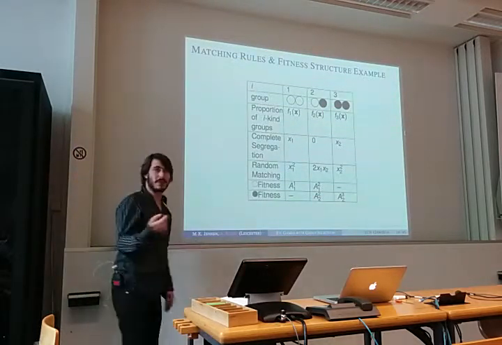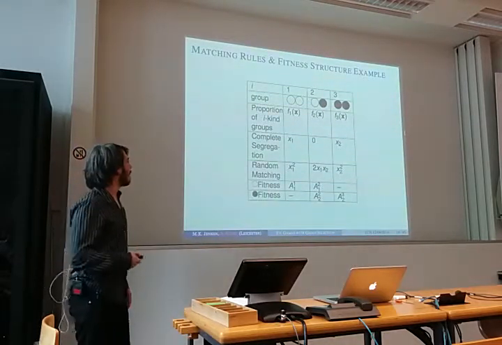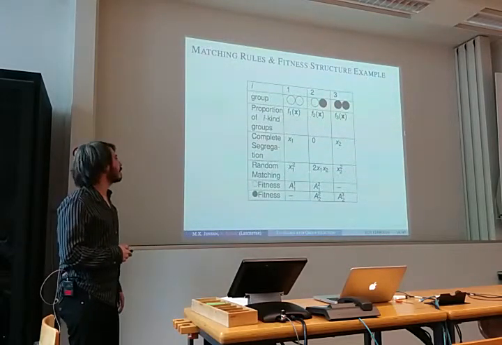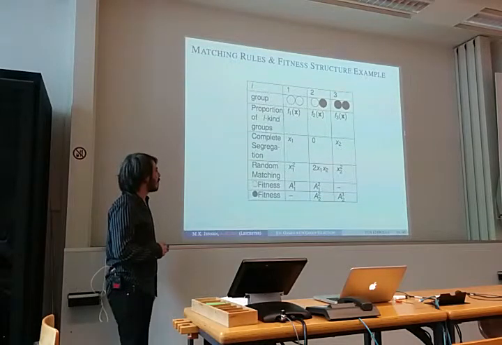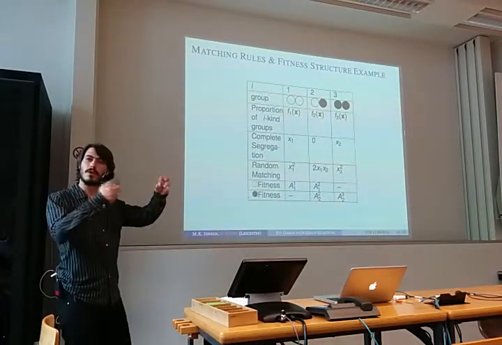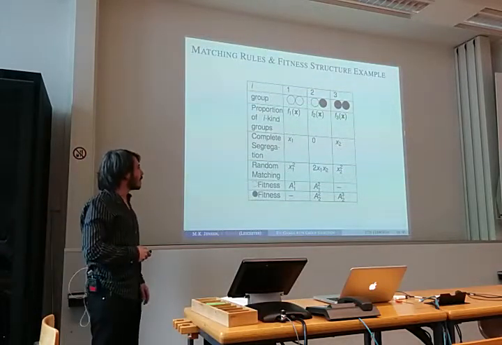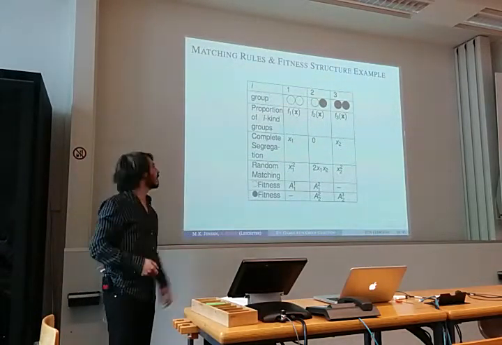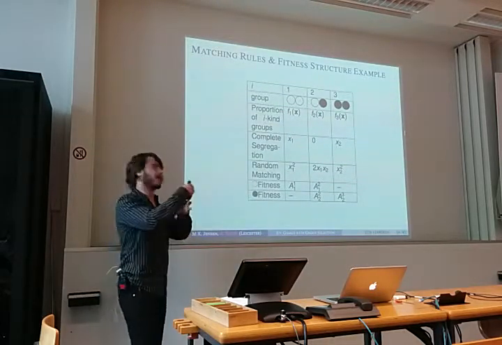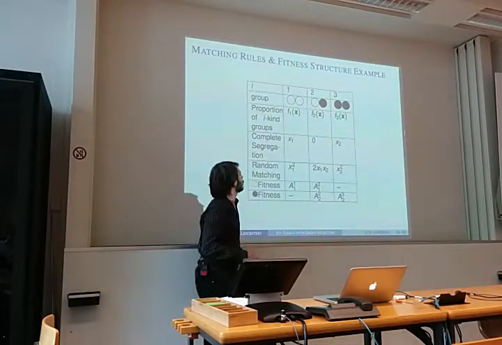And let me give you an example of 2 matching rules. Probably the easiest to think of is random matching. So you will have a proportion of x1 squared groups that are cooperator to cooperator, 2x1x2 mixed groups, and x2 squared groups containing 2 defectors.